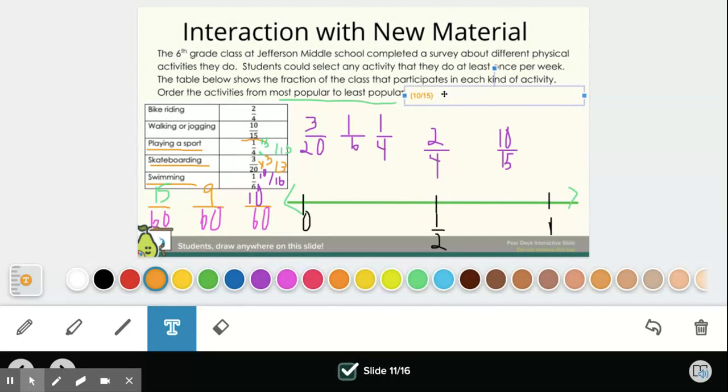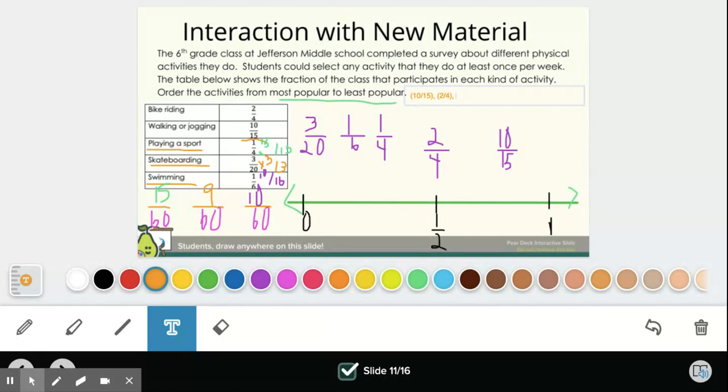Next, the next activity is 2 over 4, and that is bike riding. That's the second most popular activity. So the most people from this 6th grade class at Jefferson Middle School that took this survey selected jogging or walking. Okay. And then next was bike riding.